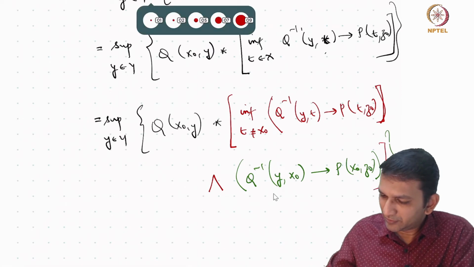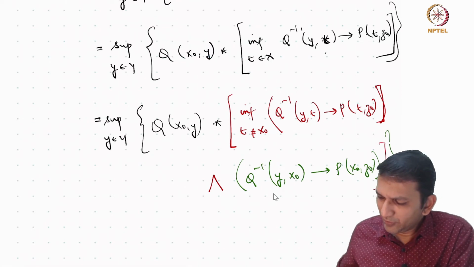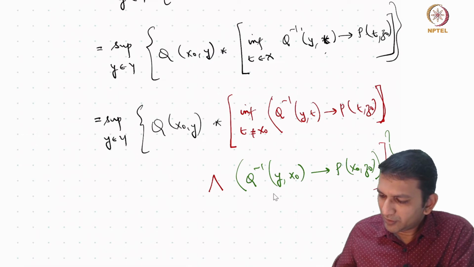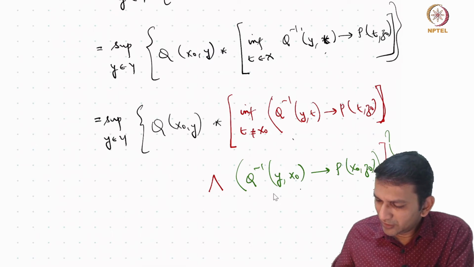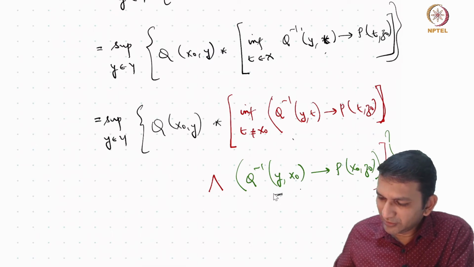Now, if you look at it, we know that the infimum of these two things is always smaller than each of them.